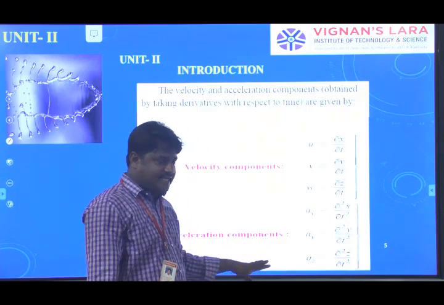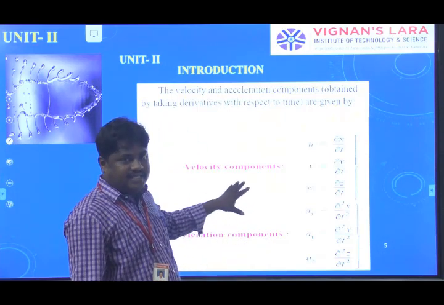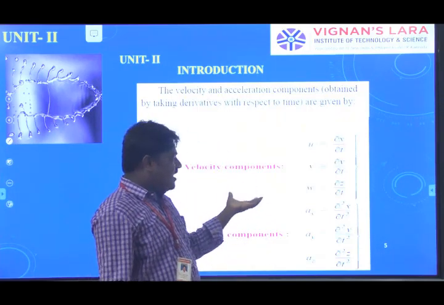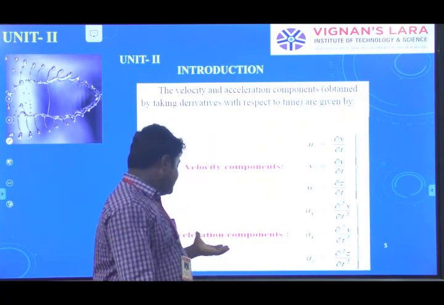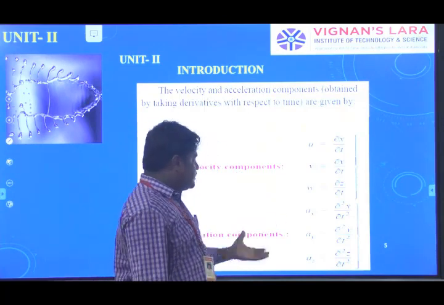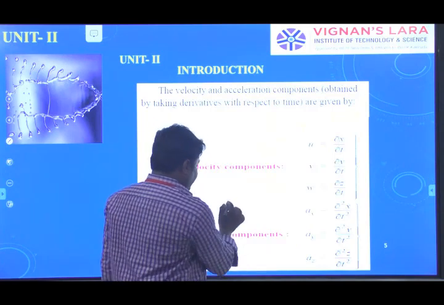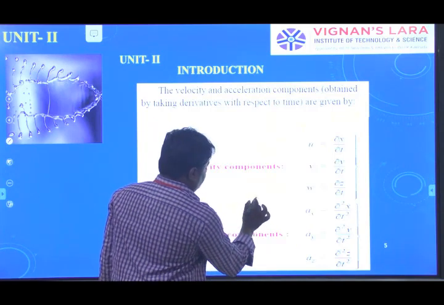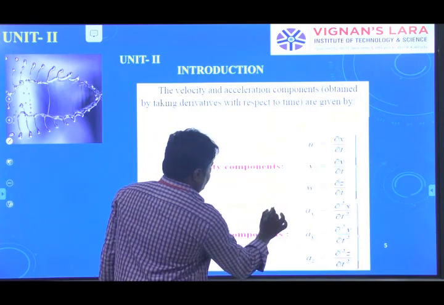Coming to the acceleration, we first find the velocity, and after completion of the velocity, we go for the acceleration components. The acceleration component ax equal to dou square x by dou t square.